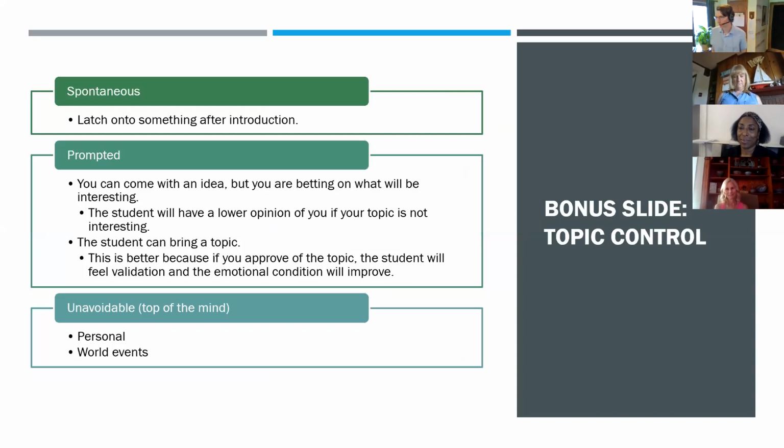So, looking at the bonus slide, this is topic control. The best possible topic you can find is the spontaneous topic, because the feeling is natural. You think and talk at the same time, so it's not like you're trying to remember. I think that's a different mental process. If you're trying to remember, you're not so much thinking, and it produces a different effect.